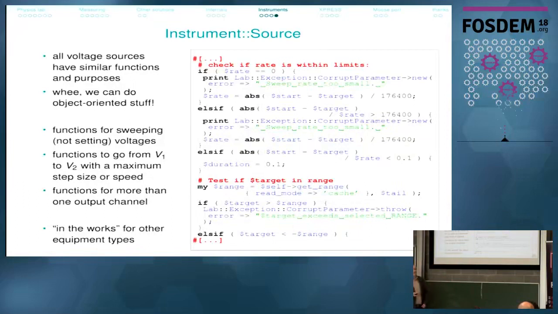For example, we could say we have a very sensitive chip, and that chip doesn't survive if the voltage suddenly changes above a certain step size. So we enforce that the voltage is only changing in a smooth way, with the maximum speed and the maximum step size. And all this is already then implemented in the source package. And our actual hardware addressing modules don't have to take care of this anymore.